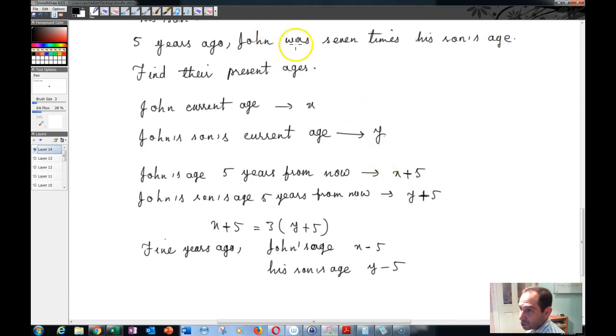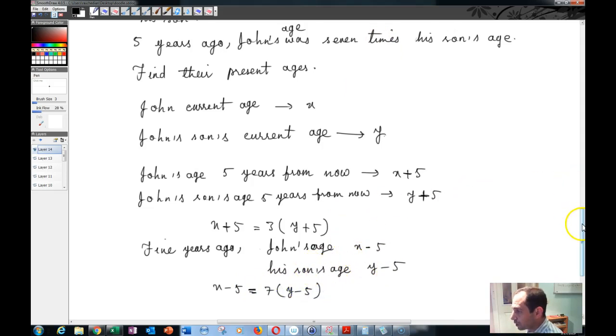So 5 years ago, John's age was, I'm sorry for this mistake, 7 times his son's age. So John's age 5 years ago, which means X minus 5, was basically 7 times his son's age back then. So 7 times Y minus 5.